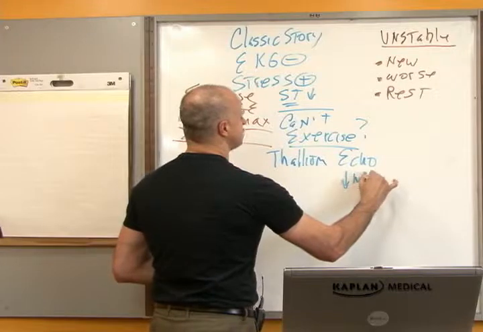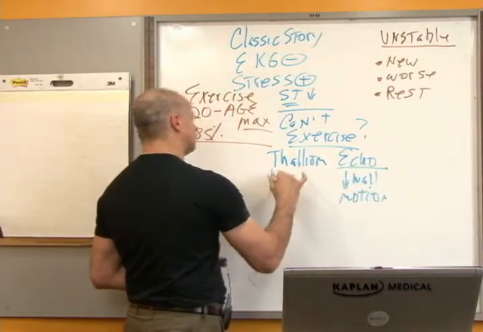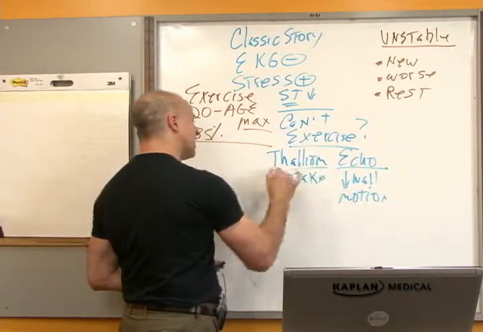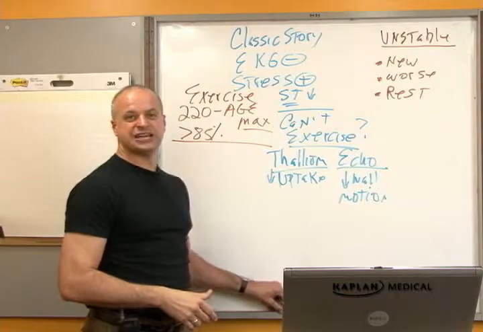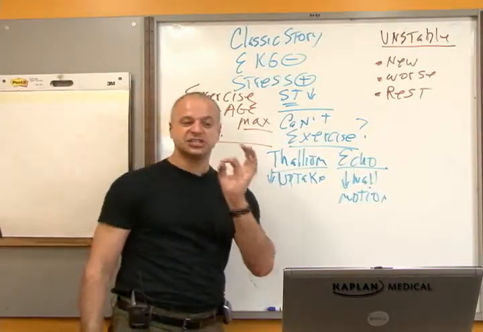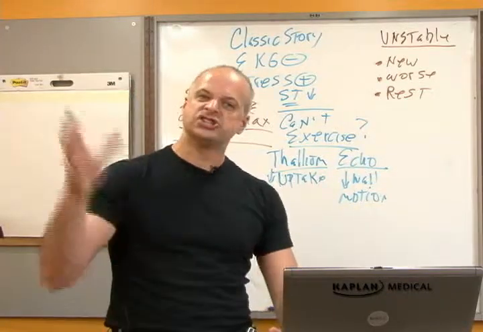I'm looking for decreased wall motion on the echocardiogram, and I'm looking for decreased thallium uptake on the thallium test. What happens when you can't exercise? I use dipyridamole or Persantine to pharmacologically simulate that exercise. Dobutamine should provoke decreased wall motion.